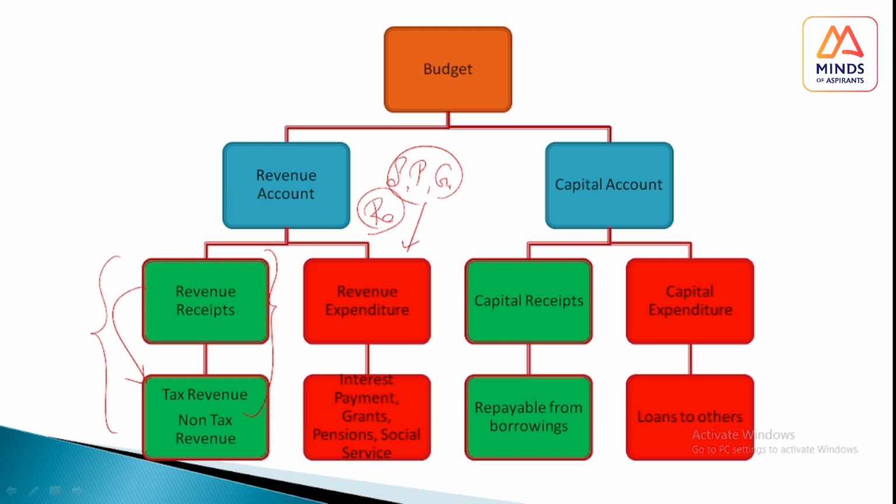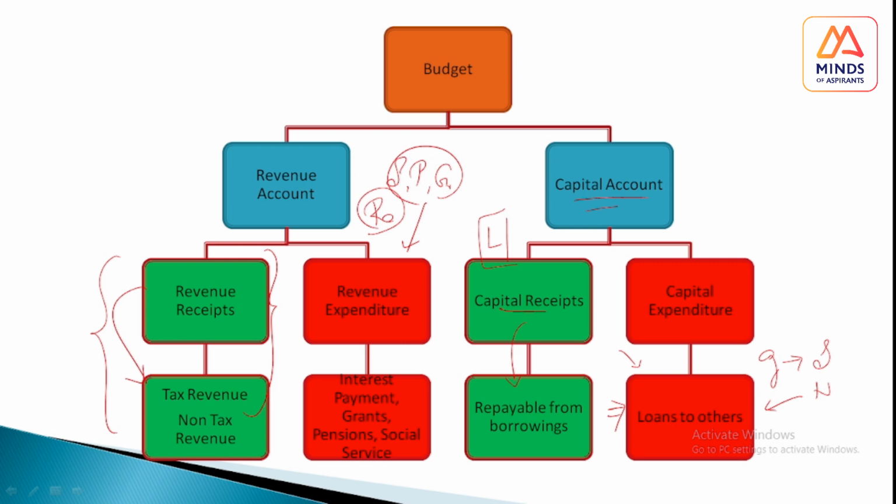Okay. Then what about capital account? In capital receipts, repayable borrowings can be a possibility. It will be increasing or decreasing the liability side. In capital expenditure, you can have a loan given to others. For example, when the government gives a loan to a country like Somalia or Niger, it will come under capital expenditure. Or say the government is building an official complex, it will come under the asset class.